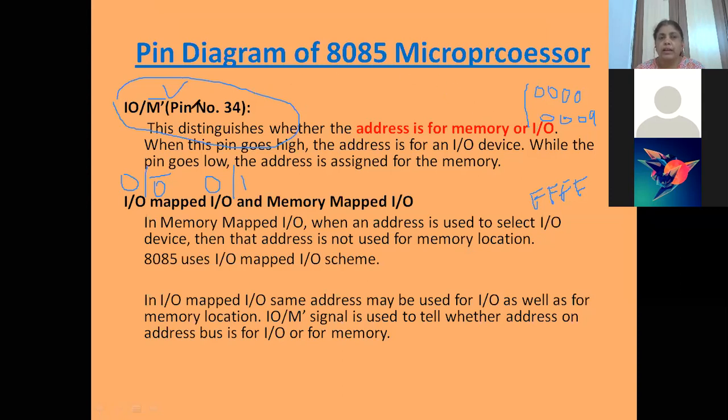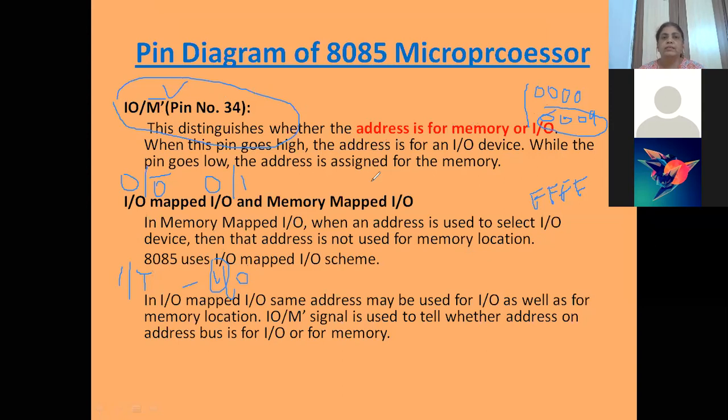ओके. और अगर आप यहाँ पे 1 देते हो तो क्या हो जाएगा? IO will be 1 and M bar will be 1 bar. तो क्या मिलेगा आपको? 1 और 0. So that means who is selected? We have selected input output devices. That means 009 is the address for input. Understood?